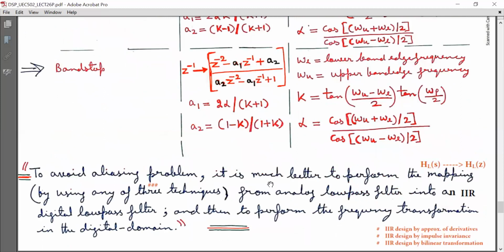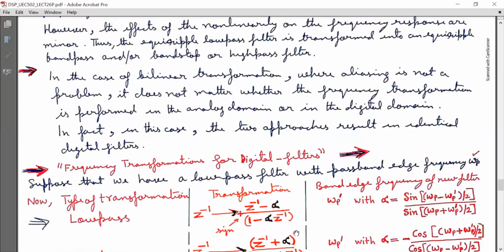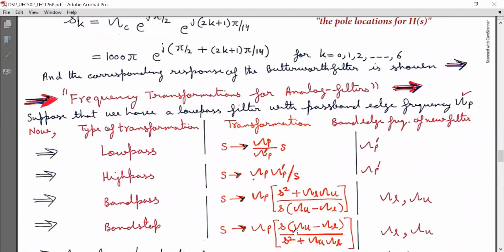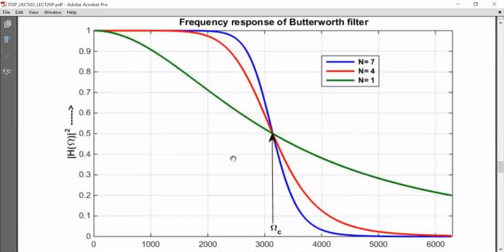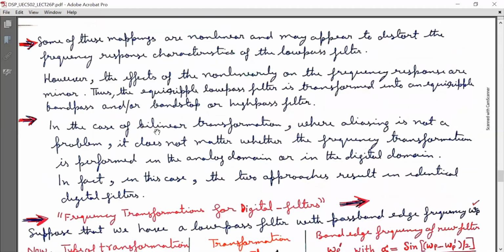Now here you can apply all three techniques to design IIR digital low pass filter, that is approximation of derivative, impulse invariance, and bilinear transformation. But here in this case, we know that aliasing is a problem in impulse invariance. So the most suitable approach for IIR filter design is bilinear transformation in the above case.